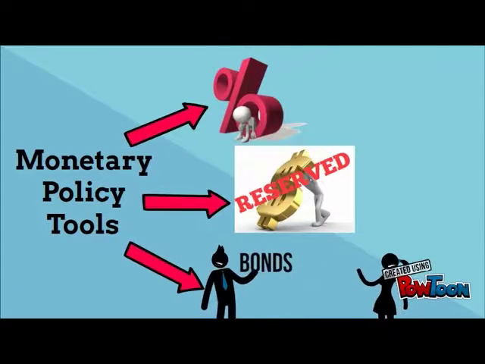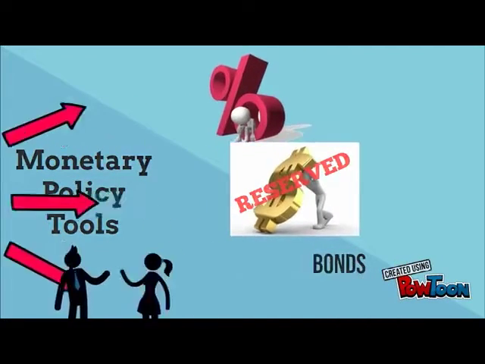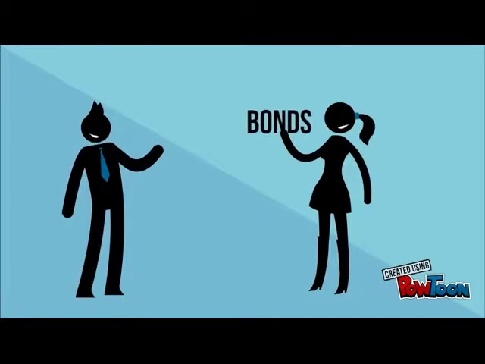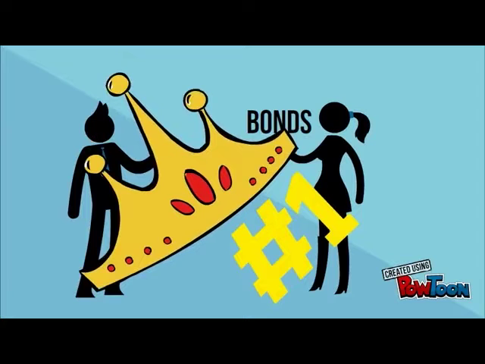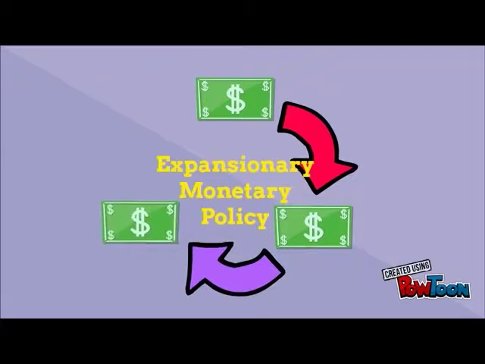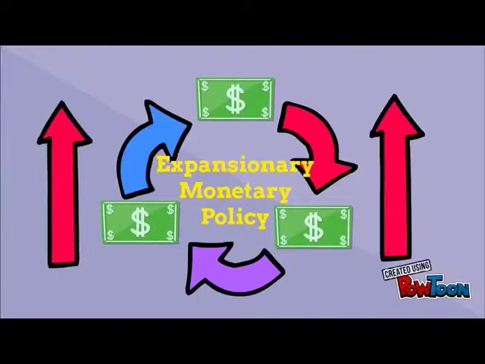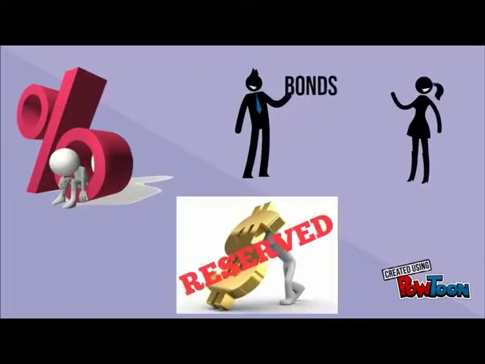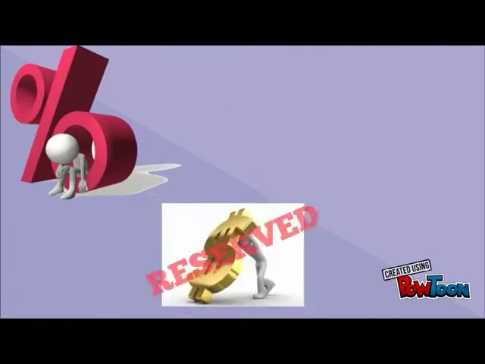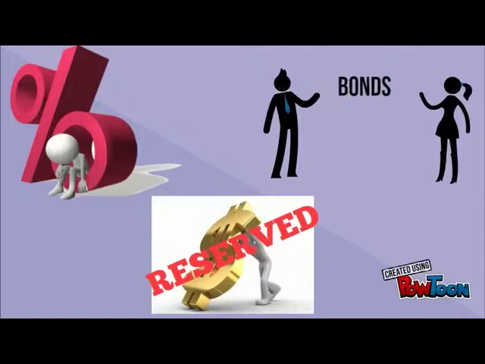All 3 monetary policy tools affect the amount of funds in the banking system. However, the most important monetary policy tool is open market operations. Expansionary monetary policy increases the amount of money in circulation, using the 3 monetary policy tools to expand the economy. The 3 monetary policy tools can be used in these ways.